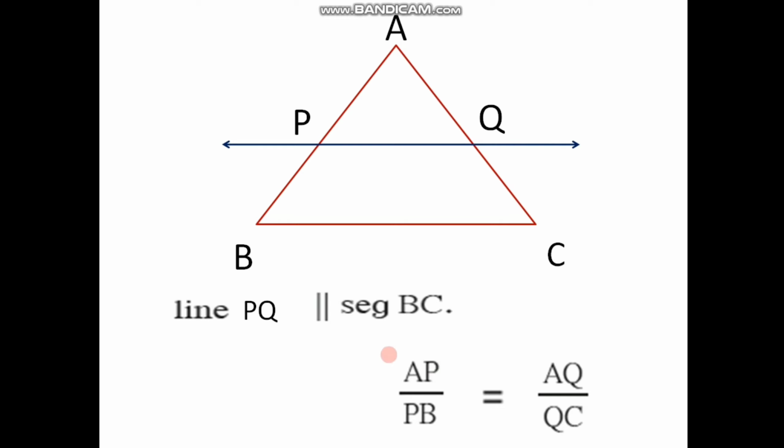This means that AP divided by PB is equal to AQ divided by QC. That means that line PQ divides side AB and side AC in the same proportion. It does not mean that AP is congruent with PB or AQ is congruent with QC. But if we take a ratio of AP and PB, it must be equal to AQ divided by QC.